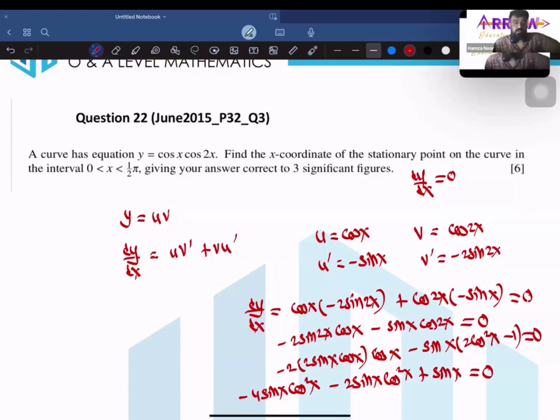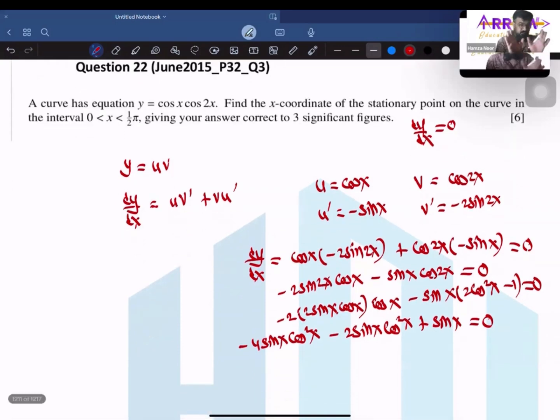Now I can convert this completely in the form of sin. We have multiple ways of solving this equation. Since I have achieved this much, the best way is to completely convert this in the form of sin. In place of cos square x, I'm going to write 1 minus sin square x, the identity which you have been studying since P1.